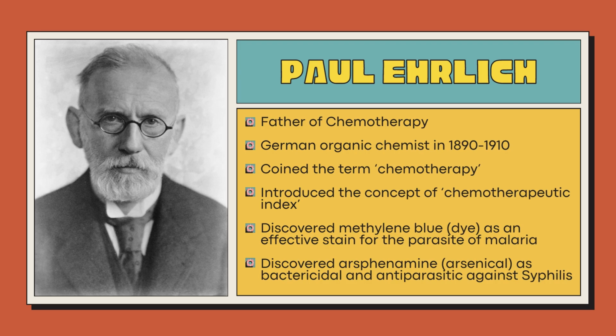He coined the term chemotherapy while using arsenical trypanosomicidal agents and also introduced the concept of chemotherapeutic index, which is the basis of present-day therapeutic index. The works of Ehrlich prompted the search for newer chemicals as antibacterials, and he was rewarded with the Nobel Prize in the year 1909. He is regarded as the father of chemotherapy.